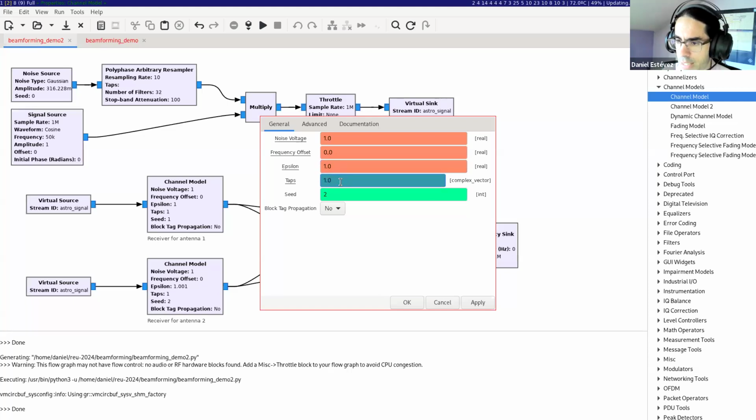And then there is the TAPS parameter. TAPS is used to simulate multipath. That's what happens when the signal reaches the antenna through separate paths because there are reflections. That is often used in terrestrial communications because you can imagine signals bounce off of buildings, mountains, walls, depending on where you are.